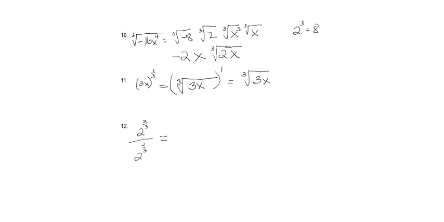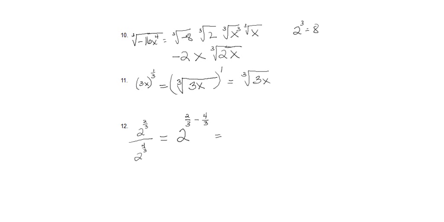Our final example, we have a fraction with the same base and 2 fractional exponents. When we are dividing and we have the same base, we're going to subtract our exponents. So I'm going to have the base 2, and my new exponent is going to be 2/3 minus 4/3. We're going to subtract a fraction.